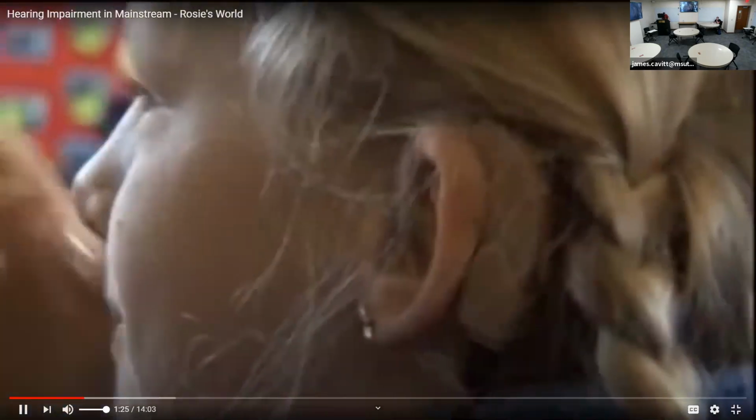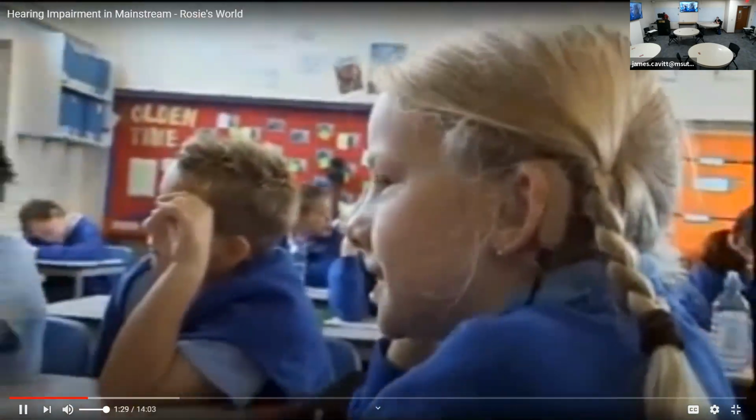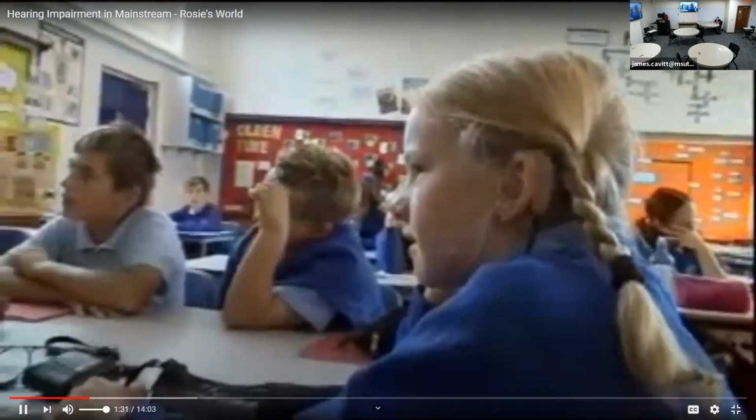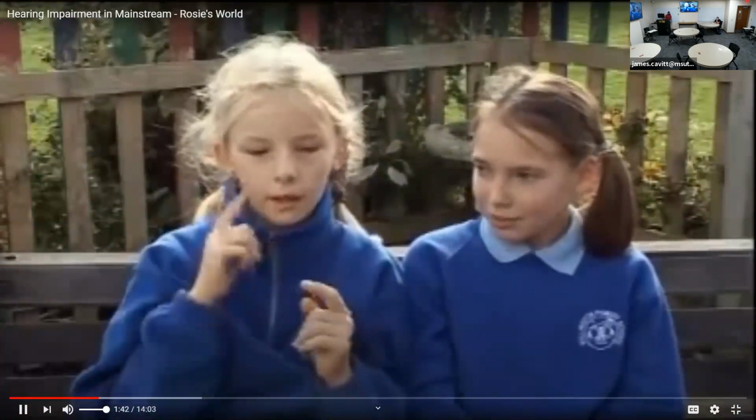Rosie is severely deaf in the right ear and she's got a severe to profound loss in the left ear, which means that with the good use of hearing aids and a radio aid in the school, she can access speech in good condition. I was a bit nervous when I came to Wilton Primary School because I'd never been in a mainstream school before. But then I thought it was really good fun because I got friends now. And this is my best friend Ben.